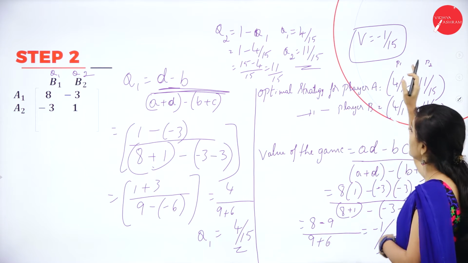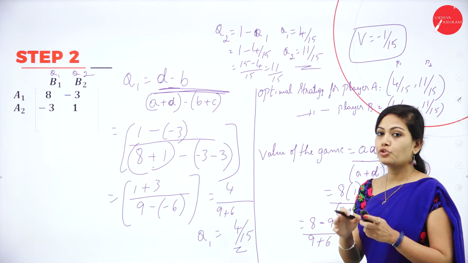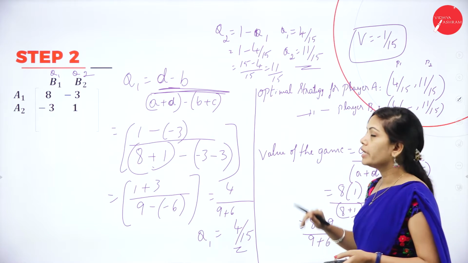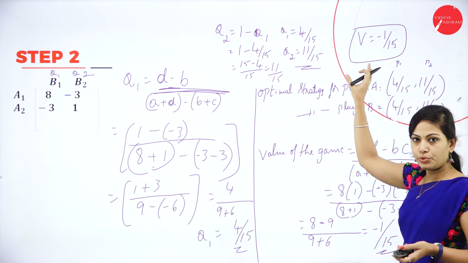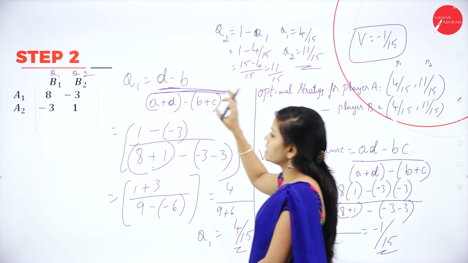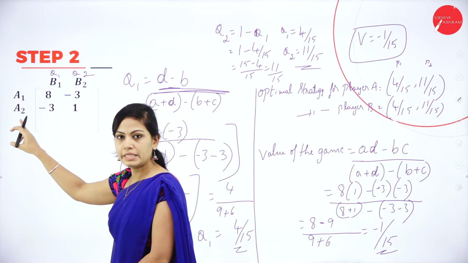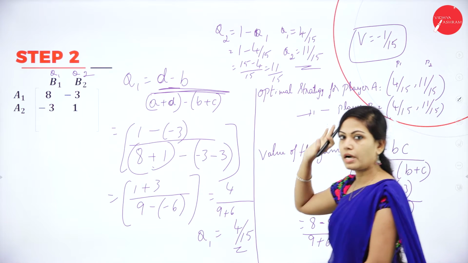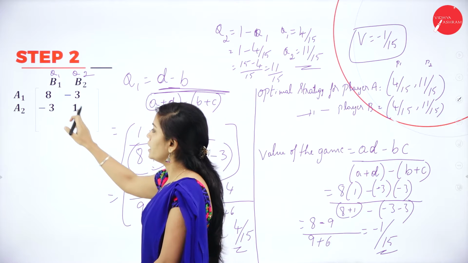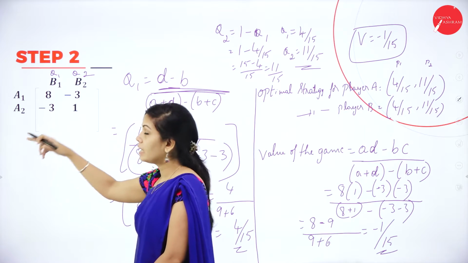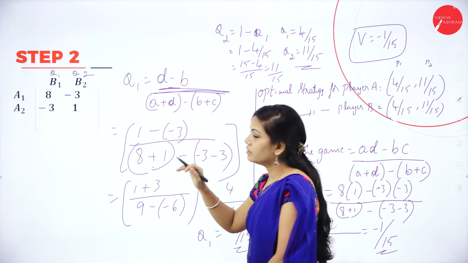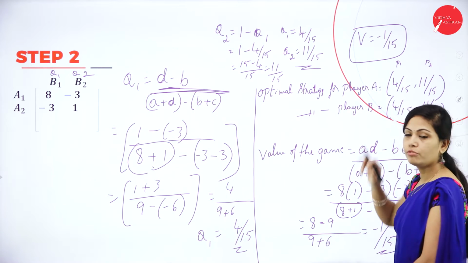Here you got a negative value. In my previous session I told you about the value of the game, right? If you get a positive value, that is the gain to player A and loss to player B. I have discussed this in my previous session. Here you got a negative value.